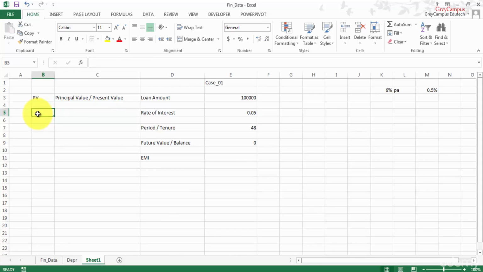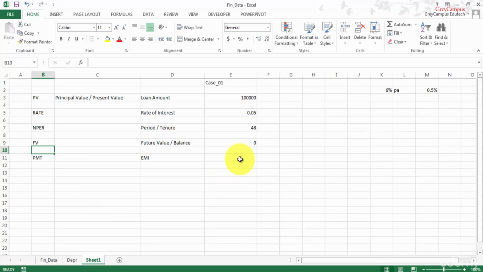Similarly, rate of interest is termed as rate. There is no special name for it. And this particular period is termed as NPER. Future value is termed as FV. And EMI is termed as PMT. Why I am writing all these names or codes here is that they are the base of the functions that we have in Excel.